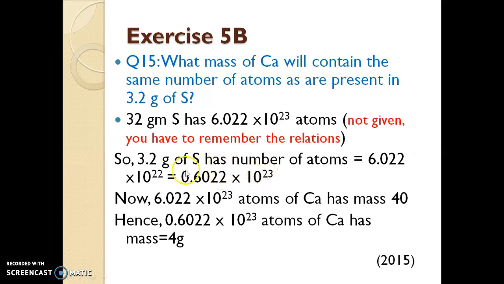Now I will not suggest going into this 0.1; I will suggest going into this one. This relation is not given; you have to remember the relations. So 6.022 into 10 to the power 23 atoms of calcium have a mass of 40. So this many atoms have how much?